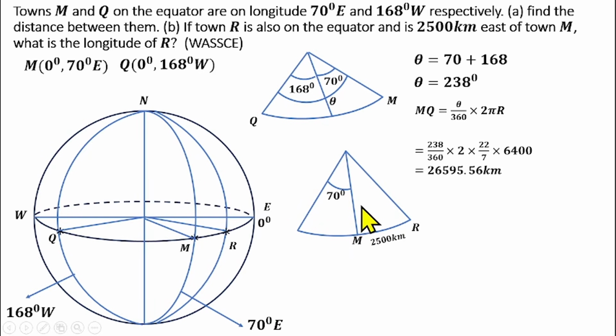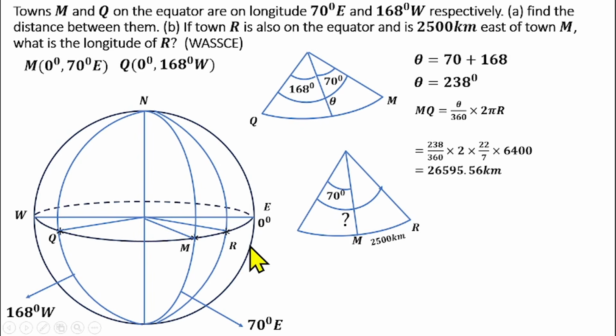So our aim is to find the longitude of R, which is the angle from the origin to point R here, from here to here. That's what we are looking for. We don't know that, which is why I put a question mark there.